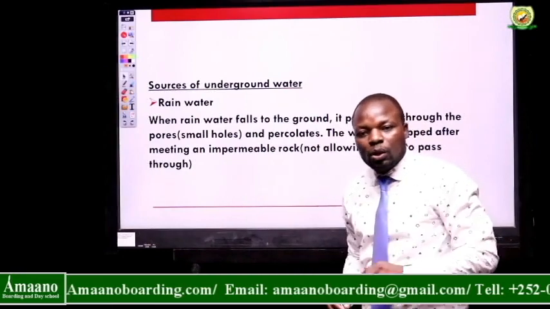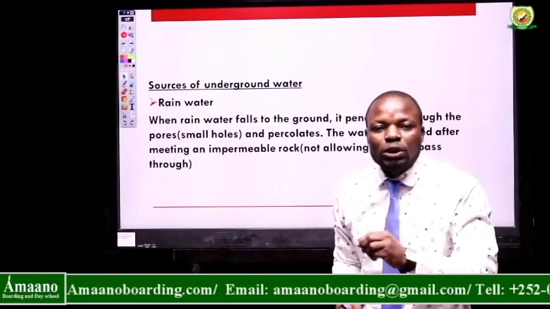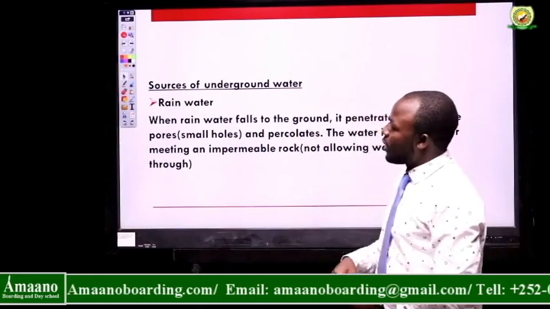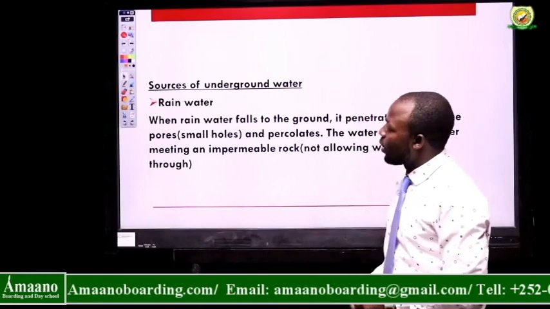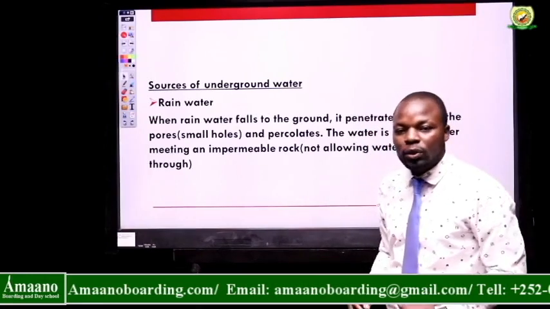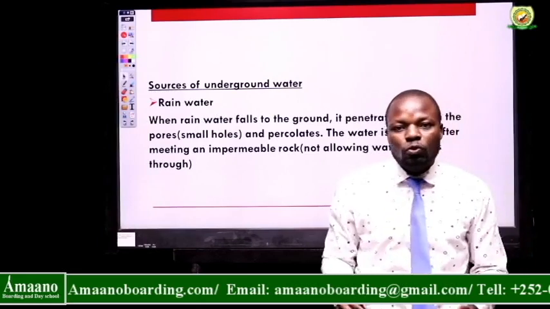Where do we get underground water? Where does underground water come from? A very good question. Sources of underground water, as you can see here: one is rainwater. Rain is the ultimate source of water.